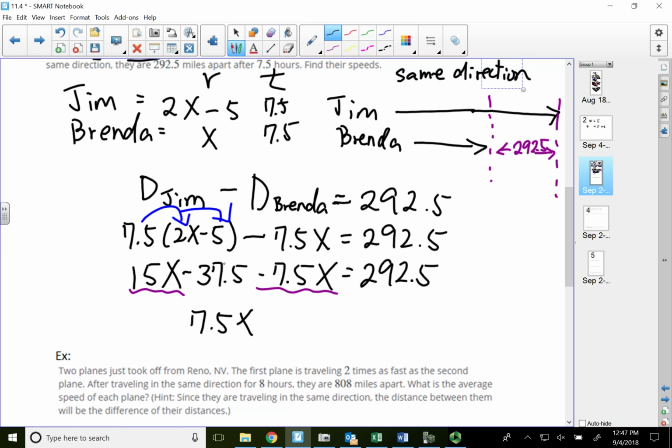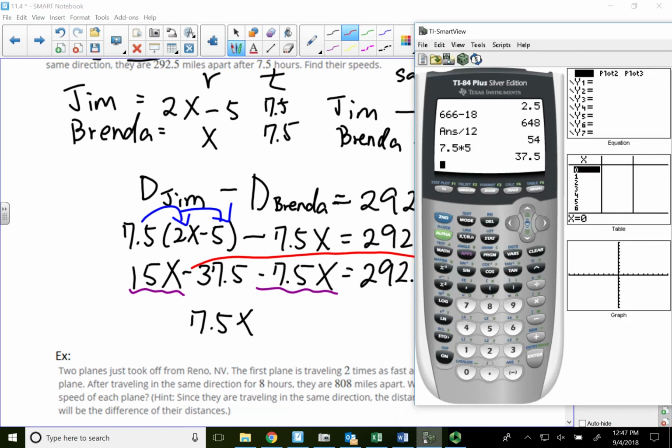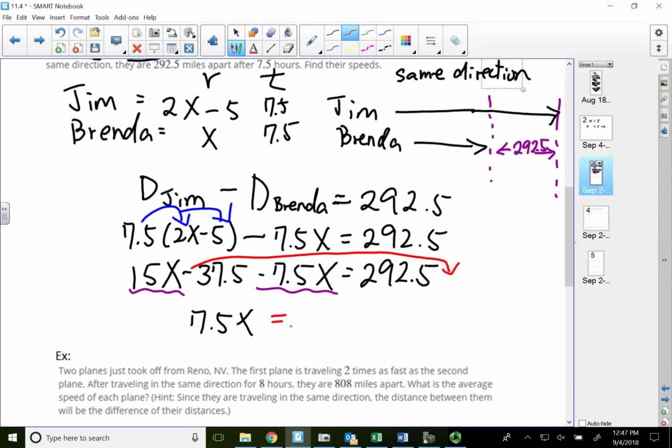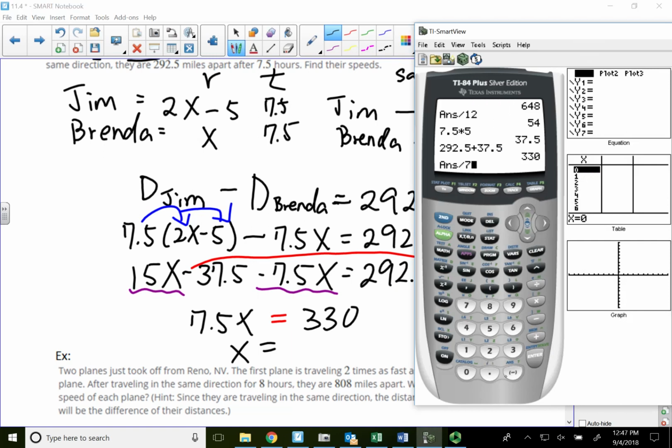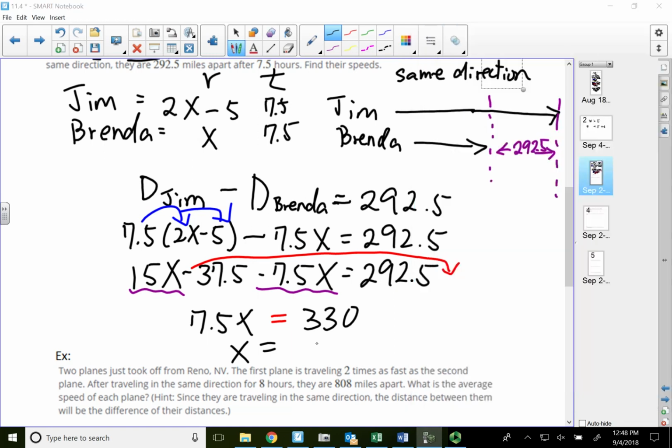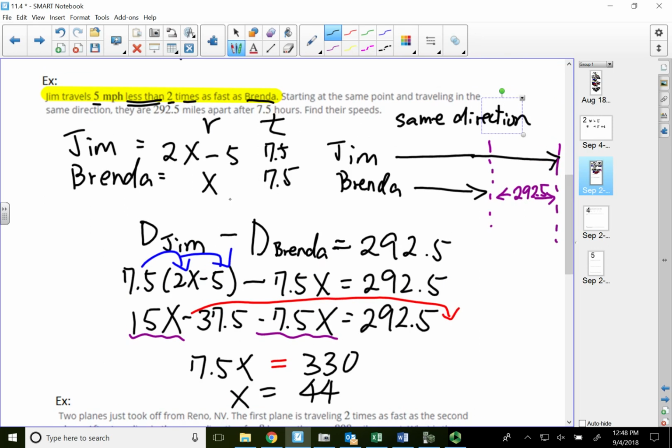Move the negative 37.5 to the other side, it becomes positive. That'll be 292.5 plus 37.5, which gives me 330. Divide both sides by 7.5. My answer: 44. So the speed, x representing Brenda, so Brenda is traveling at 44 miles per hour.